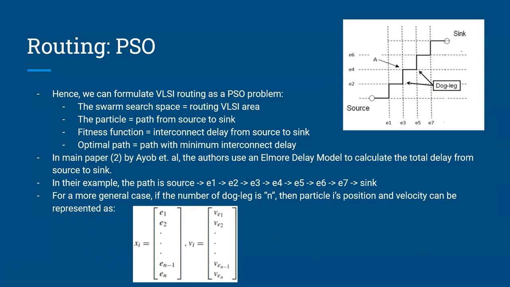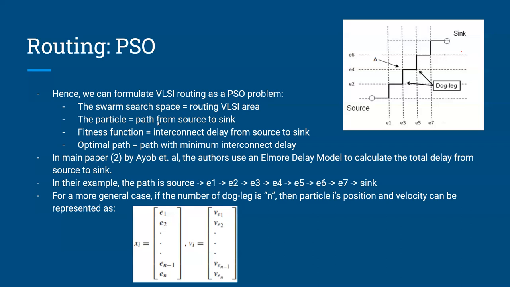And in main paper 2, Ayop et al., the authors use an Elmore delay model to calculate the total delay from source to sink. Pretty much most people use Elmore delay because it is simple to compute.